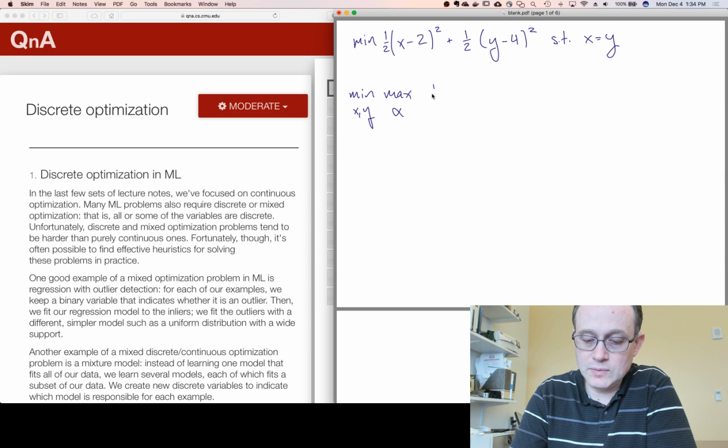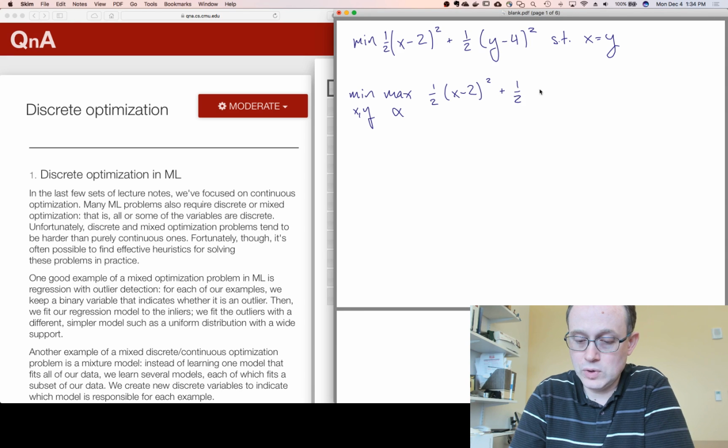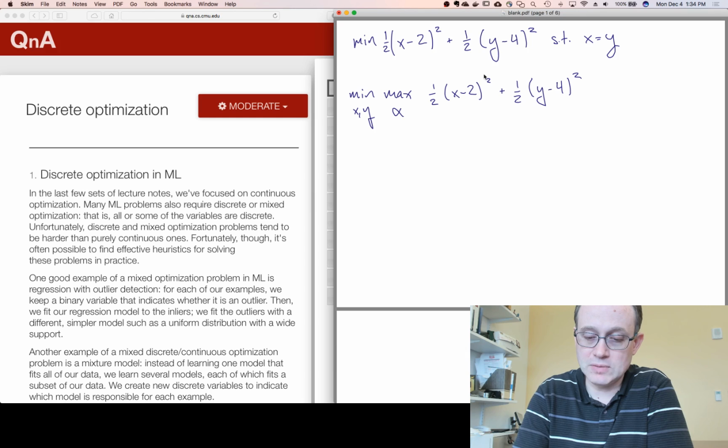We have one half of (x minus 2) squared plus one half of (y minus 4) squared. That's just copied from the objective function of the original problem.